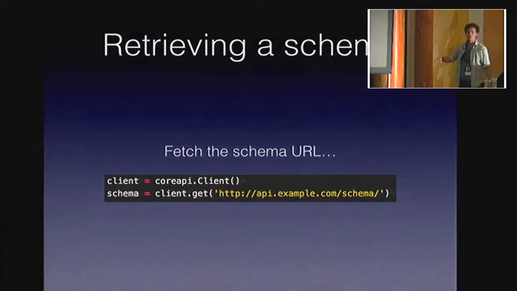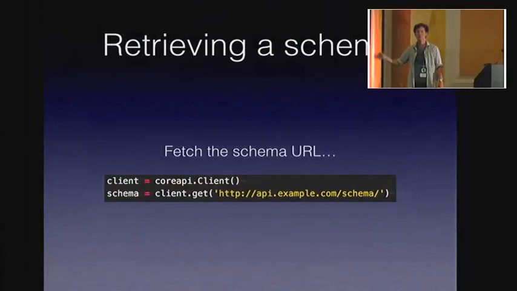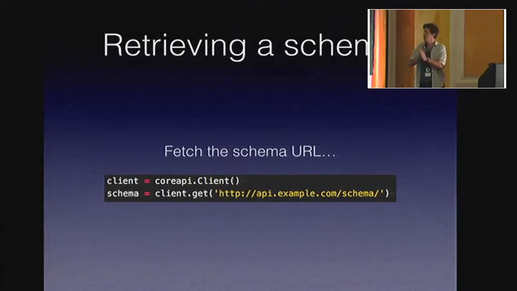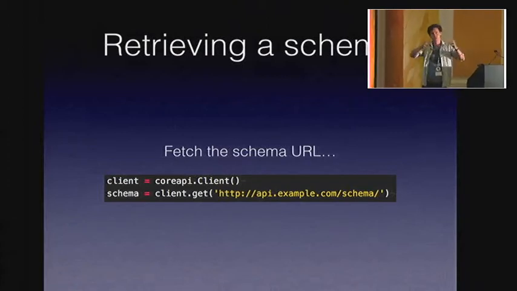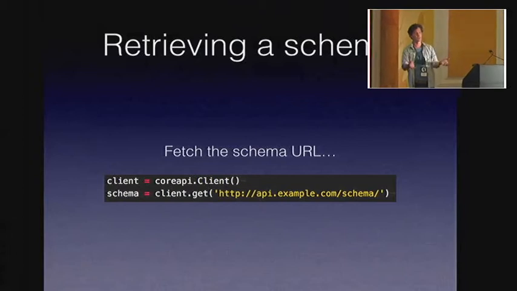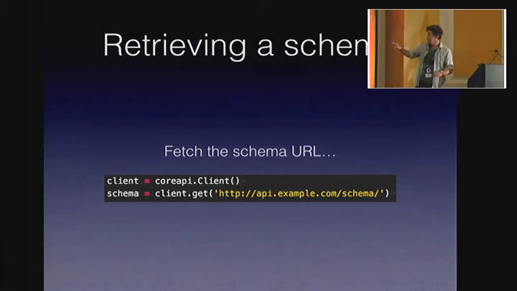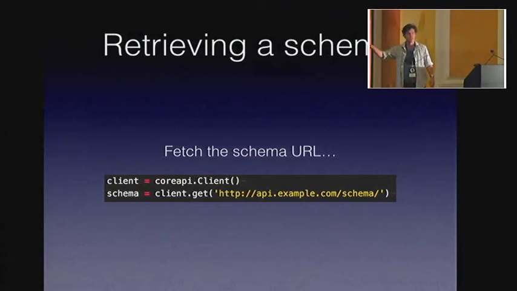So I'll walk through what happens when we make a request with one of the clients, and hopefully just the sense of how things fit together and what the underlying design of Core API looks like will start to make a bit more sense. Start off by instantiating a client and then say we'd like to fetch an initial URL.